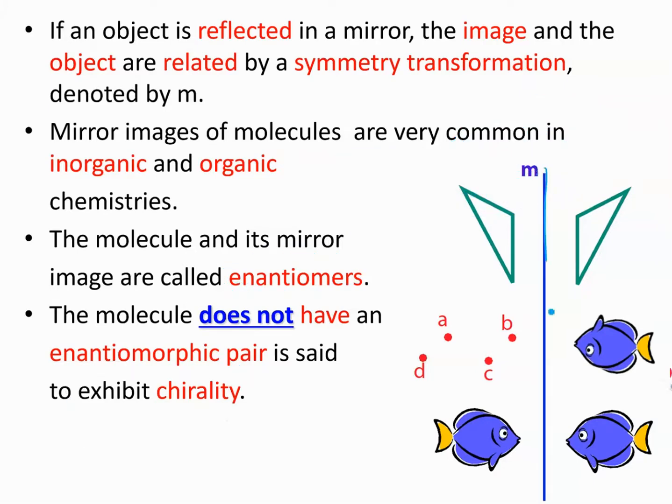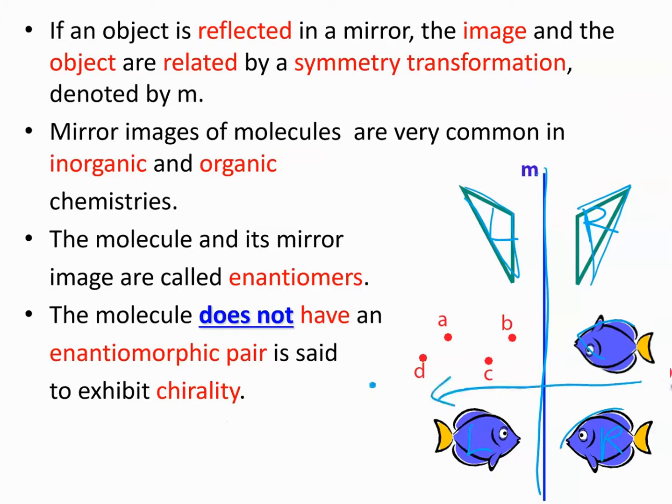So if this is a mirror plane, then this is left hand, then this will become right hand. And then this triangle reflects to the other triangle, one left hand, one right hand. All right. So if this is a fish with the left hand, then this will be a fish with the right hand. And what is the relationship between this one and this one?